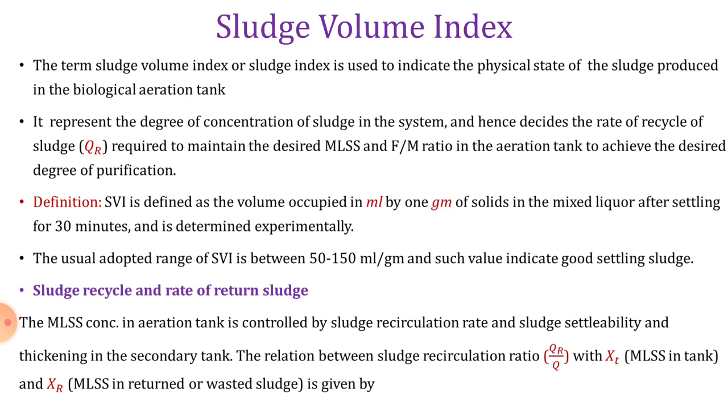So, if the SVI value is between 50 to 150 ml per gram, it indicates that the sludge has very good settling characteristics, and it can be recycled.